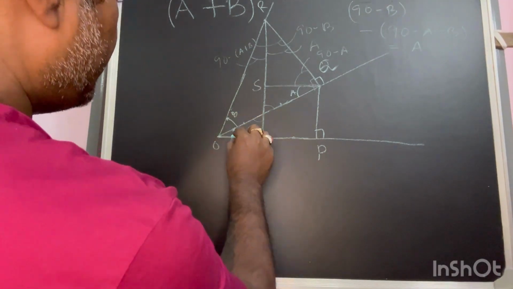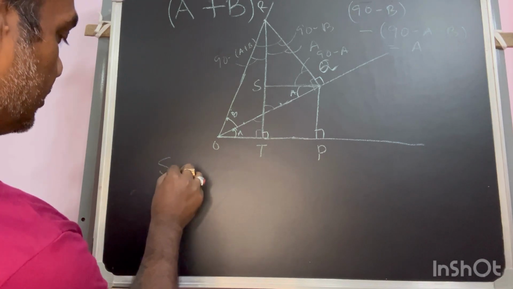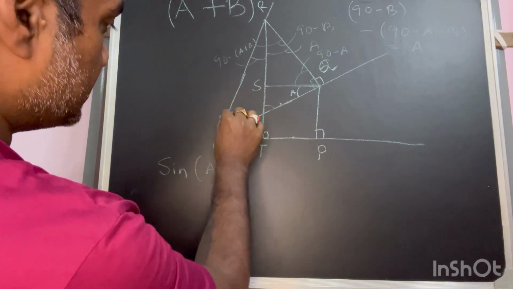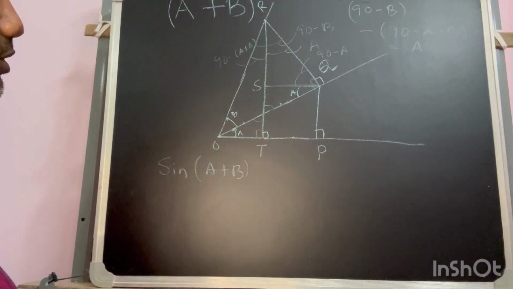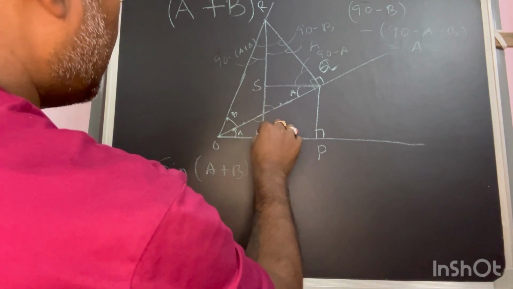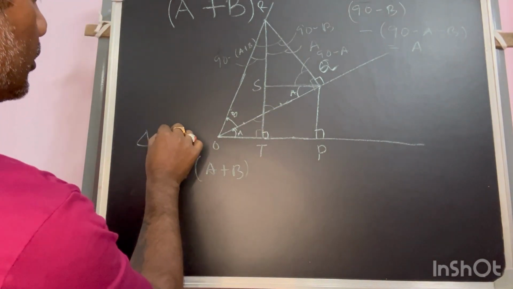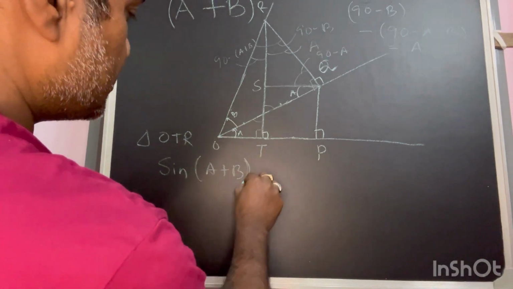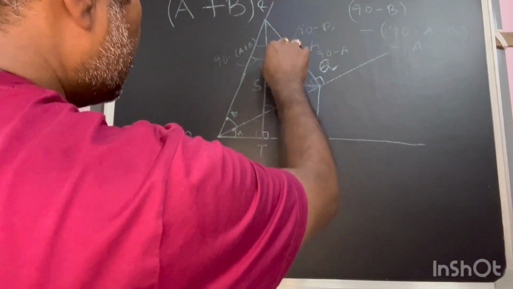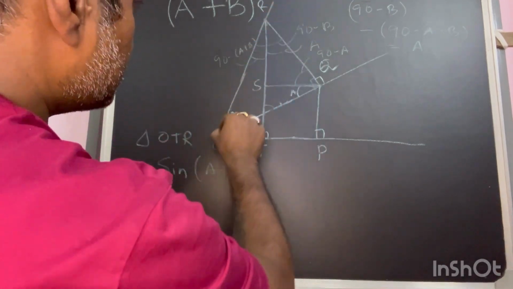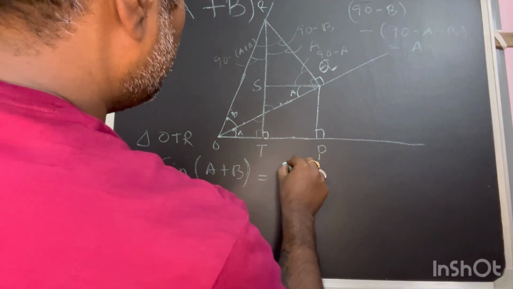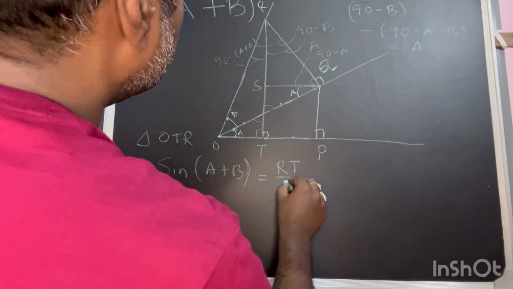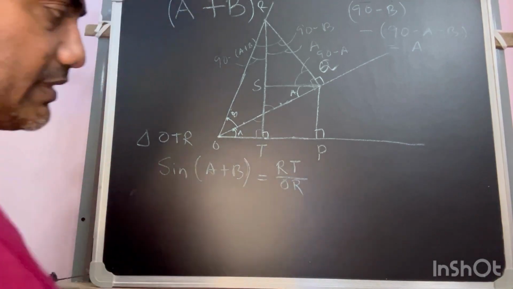Now let's say I am taking the sine of angle A plus B. This angle I am just calculating. So I will consider the triangle OTR. The sine of this is what? This total by this one. That means it will become the vertical RT upon OR, isn't it?